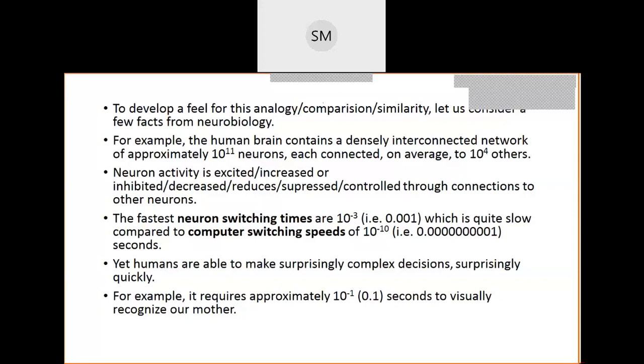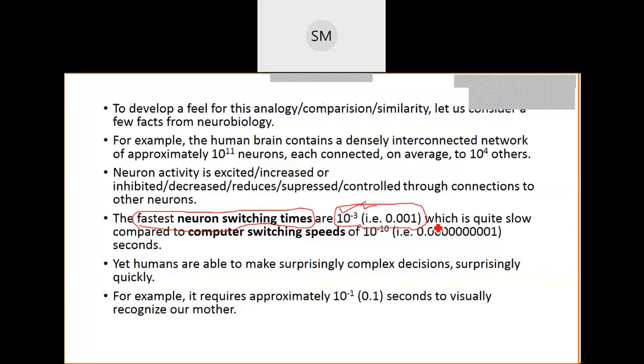See here, our fastest neuron switching times are 10 to the minus 3. It means we human beings take 10 to the minus 3 seconds, that is 0.001 second, to recognize our mother or somebody else.